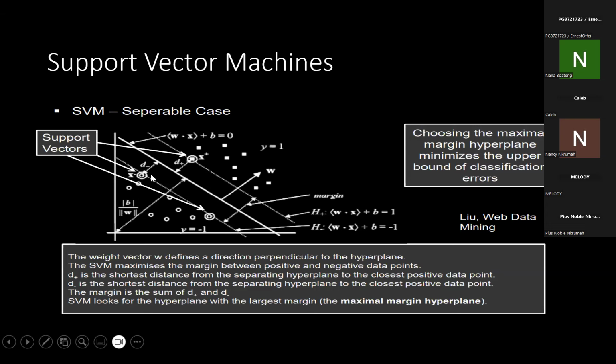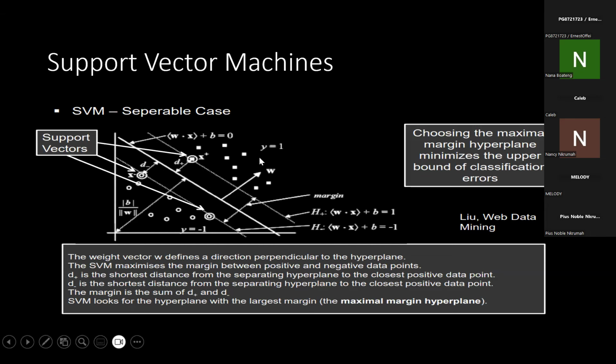There is another one here on the line. And there's another one here on the line, the x. So we have x plus, x minus. All these are on the line. These are support vectors. As much as possible, we want to avoid that. We want to create a margin which is clear of all the points.